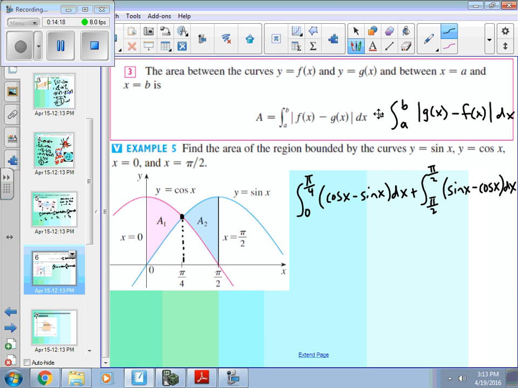So now you'd want to find antiderivatives and keep going from there. Antiderivative of cosine is sine of x, evaluated from pi over 4 to 0.